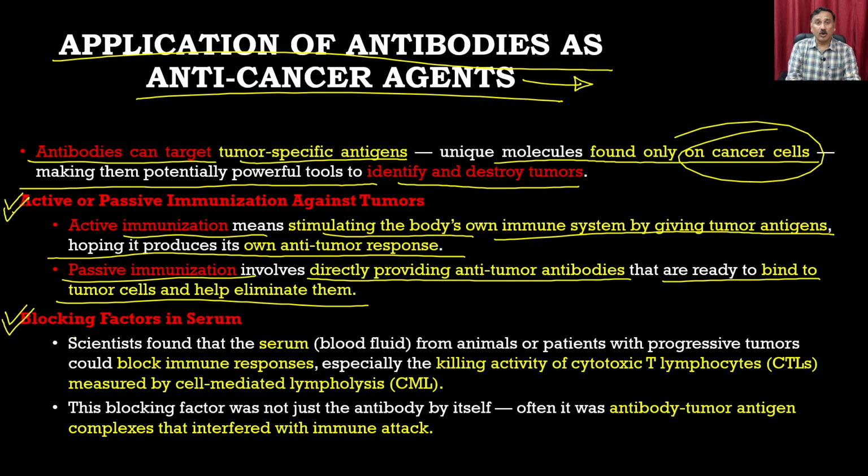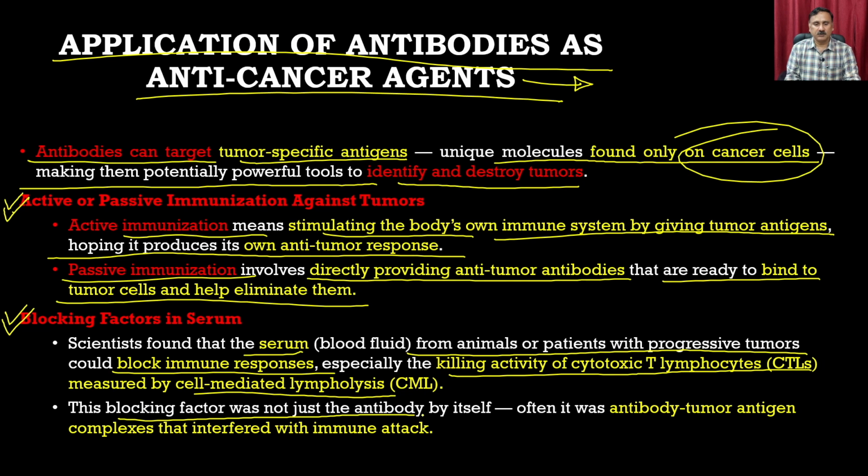Or you can use the blocking factors. Scientists found that the serum from animals or patients with a progressive tumor could block the immune responses, especially the killing activity of the cytotoxic T cells, measured by cell-mediated lympholysis or CML. This blocking factor is not just the antibody by itself.